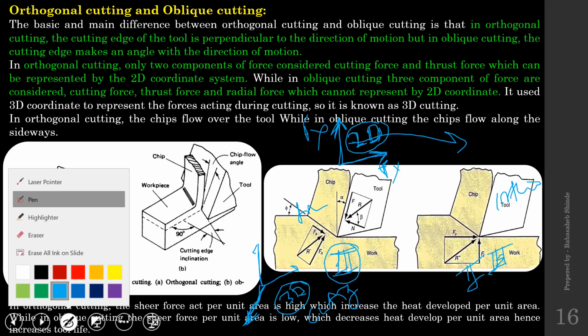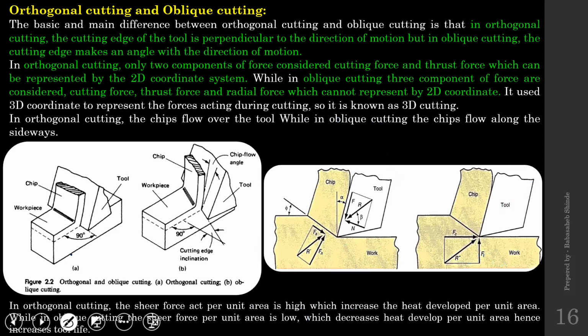Now another difference you can easily understand: in orthogonal cutting there are two forces, in oblique cutting there are three forces. So when I try to analyze the force system, it is obvious that orthogonal cutting I can analyze easily because only two forces are there.